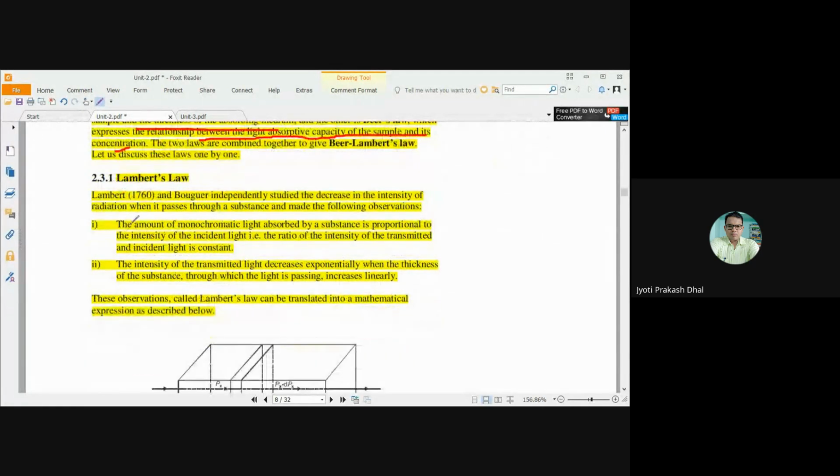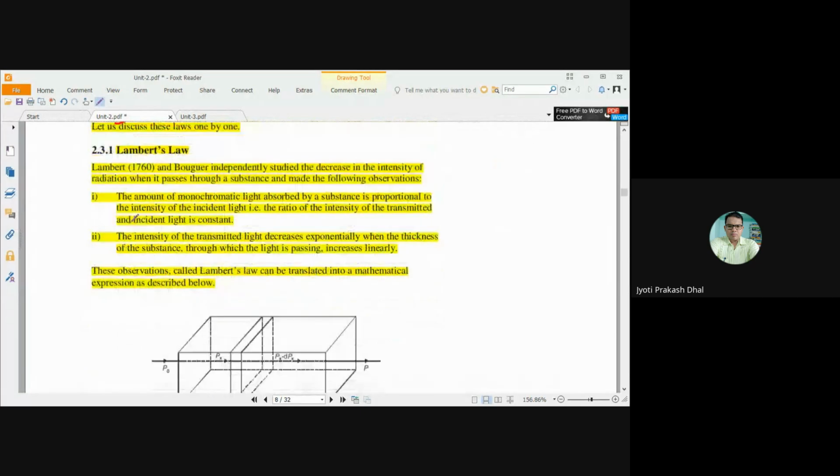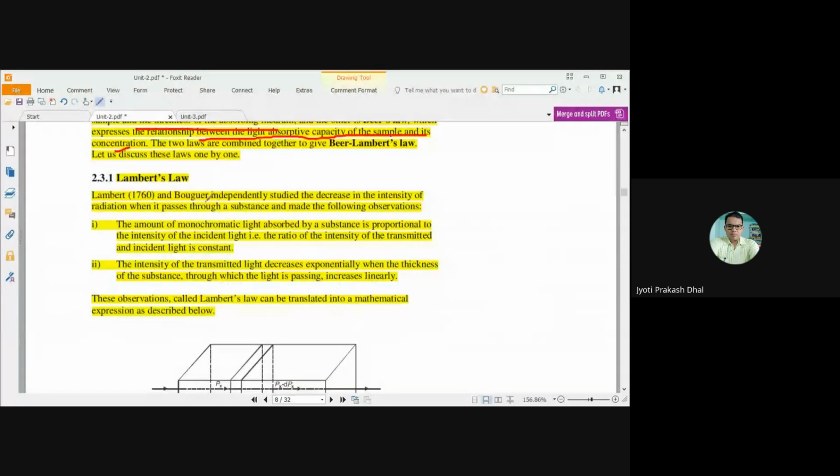So here we will discuss Lambert's law first. Lambert independently studied the decrease in intensity of the radiation when it passed through a substance and made the following observations.